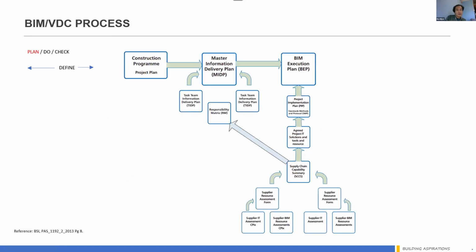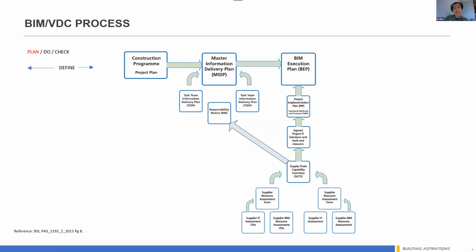So this is one of the slides that I really like, for the PAS 1192 UK BIM workflow. Basically, when we start doing the BEP, we cannot just copy and paste. Even though we know the project client requirements, for example HDB requirements are quite standard, we cannot copy and paste.